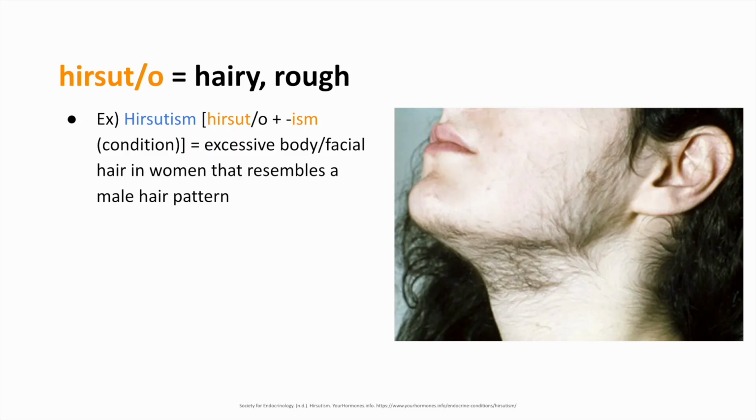You will have hair growing under your chin, almost like a beard, which is not typical for women. That is called hirsutism, when a woman has very excessive body or facial hair that resembles male hair growth.